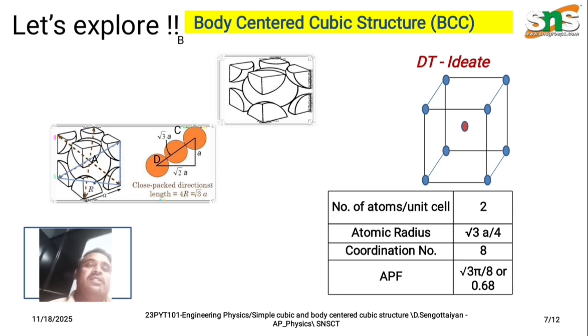In the cubic system we have three possible types: simple cubic, BCC and FCC. For these types, we find the number of atoms per unit cell, the coordination number, the atomic radius, and finally the atomic packing factor of simple cubic, BCC and FCC.